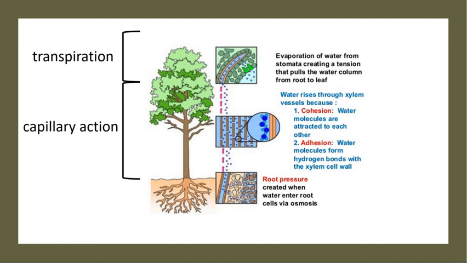Now what that does is, because the water is attracted to the water behind it, it pulls the next water molecule up a little bit. And then that one will evaporate. And then it pulls another one up behind it, causing that one to evaporate. And it basically creates this vacuum, literally like sucking on a straw.